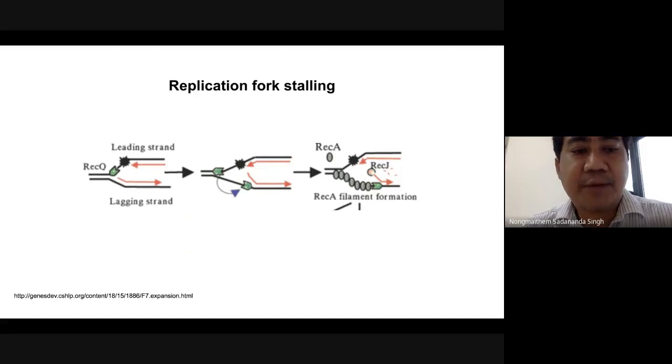And again, when we are looking at replication, if there is DNA damage, the replication fork can stall, and there can be exposure of single-stranded DNA regions during replication. Okay, when there is a stalling, this helps in the polymerization of RecA in this single-stranded region. Why have we been discussing single-stranded DNA and the polymerization of RecA so far?